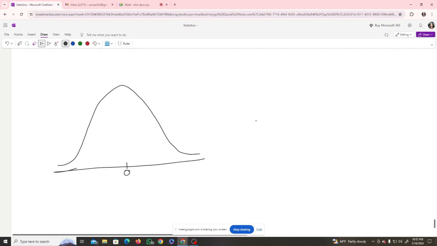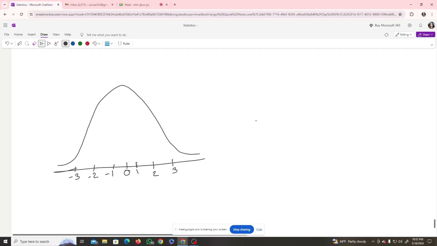Your mean is 0, and you are given that your standard deviation is 1. So since your mean is 0 and your standard deviation is 1, your number line will increase by 1. So after 0 you have 1, 2, then 3, and then -1, -2, -3, correct?